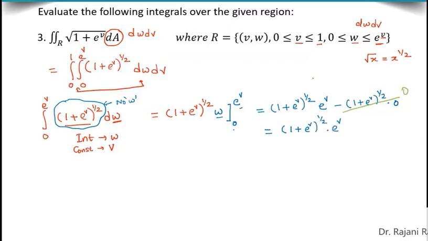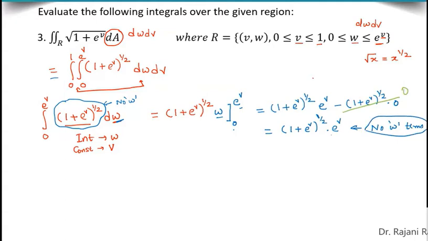Now you cannot multiply this e power v inside because here the power is half. Okay. So now what we did, we integrated with respect to w and substituted the w limits for w. So no w term. So it means we are doing correct.